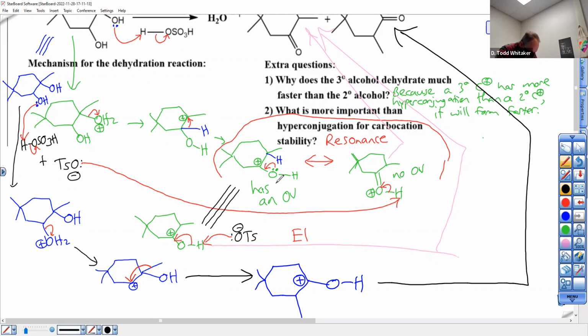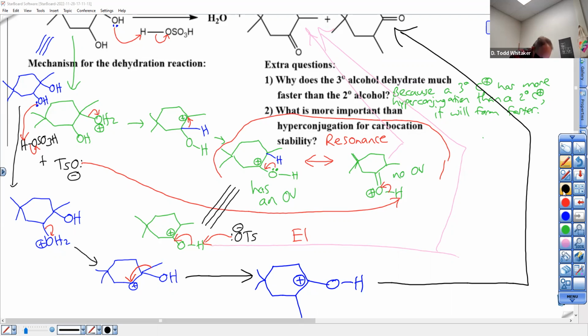So do you see how you're at the equivalent of this stage of the mechanism? Down here, your base is going to do what on this one? Grab which H? The one on the O, attached to the cation. OTS negative.